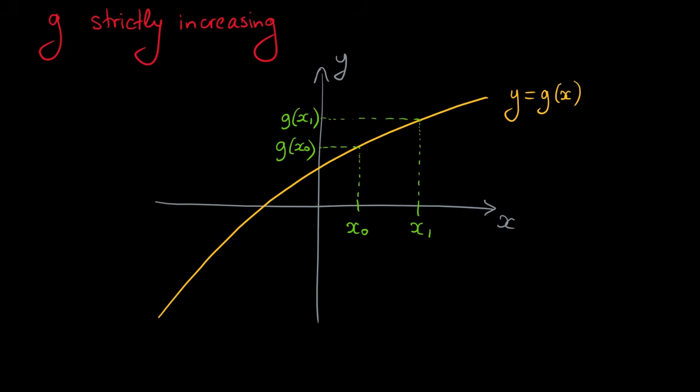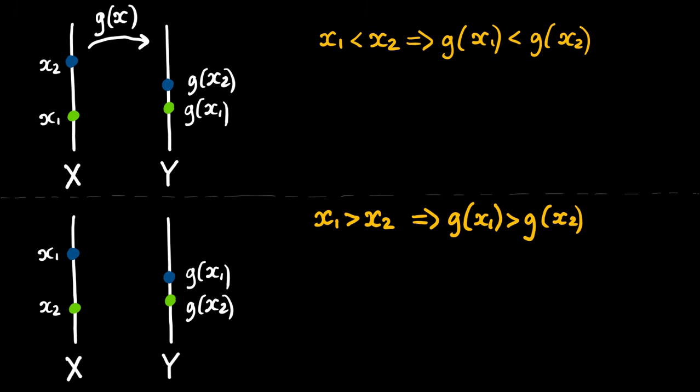So if x0 was strictly less than x1, then now g of x0 will be strictly less than g of x1. That's what a strictly increasing function does. It preserves the order. If a function is strictly increasing, then it is order preserving.